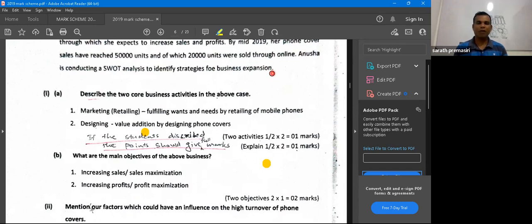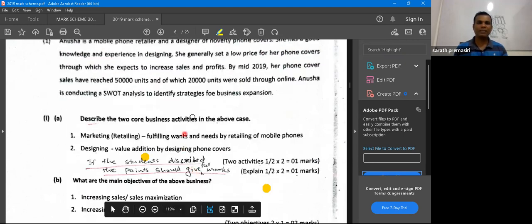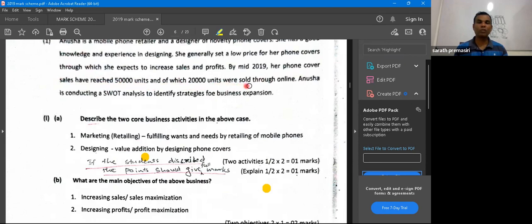Right. After writing, we are going to move on to the third question. Mention four factors which could have an influence on the high turnover of phone covers. Now, here you see, according to the passage, phone cover sales have reached up to 50,000 units, of which 20,000 units were sold online.